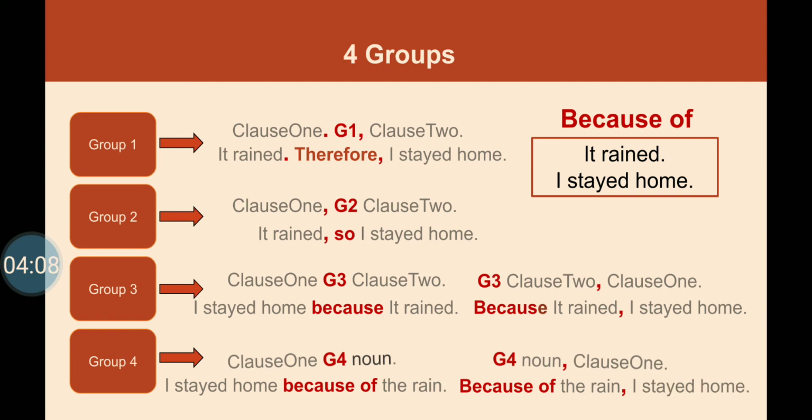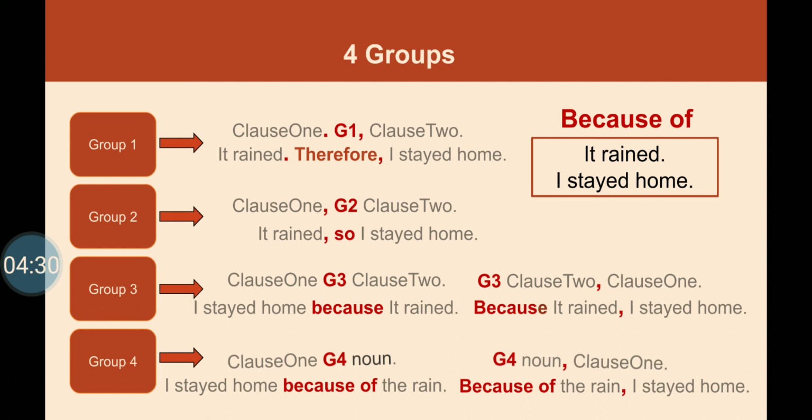So let's see here. In group 1 and group 2, they're similar. The connecting word is always in the middle between the two clauses. But the difference is in group 1, you put a period after clause 1, but in group 2, you put a comma. The other difference is in group number 1, after the connecting word, which is G1, you put a comma.